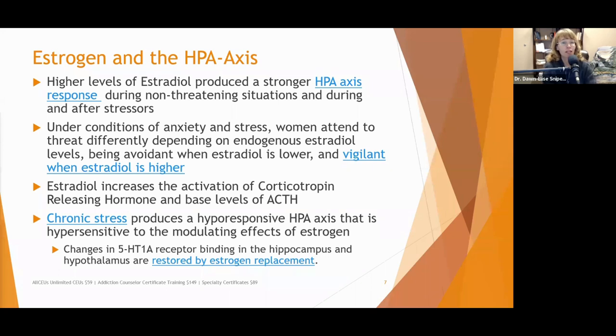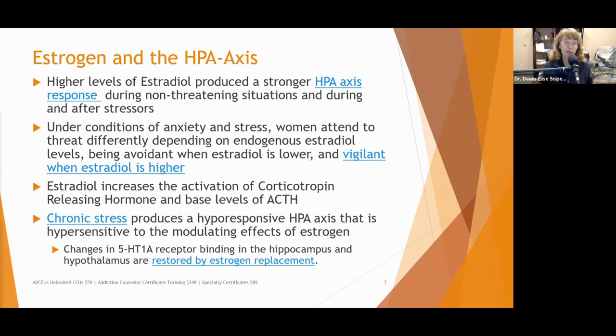Just like when somebody who has an addiction, they're constantly flooding their brain with endorphins and dopamine, and eventually they develop a tolerance and they need more of the drug to get the same high. Same sort of thing. When you're under chronic stress, eventually the body becomes desensitized or hyporesponsive to that cortisol, and you need more cortisol to get the same boost.